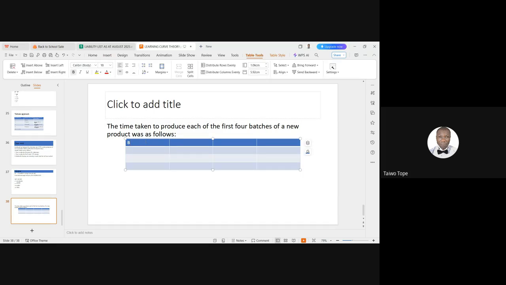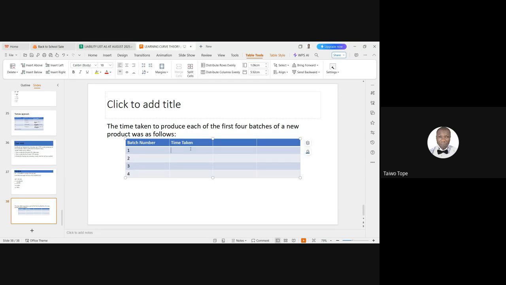Let's say we have batch number and time taken. They are not telling you average time now. This is total time taken. You have batch 1, 2, 3, and 4.